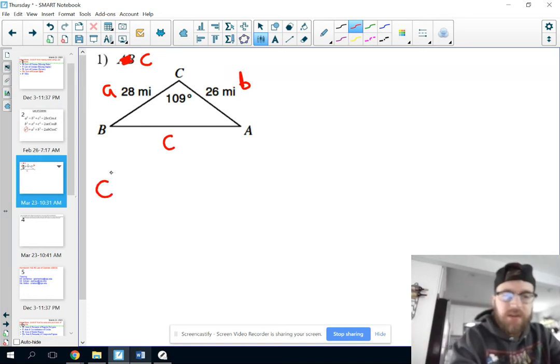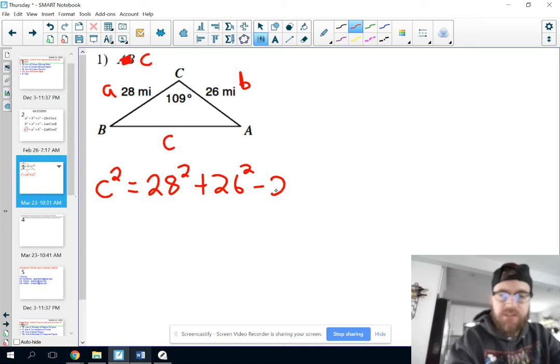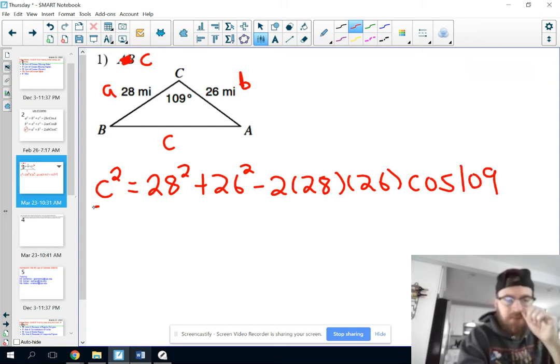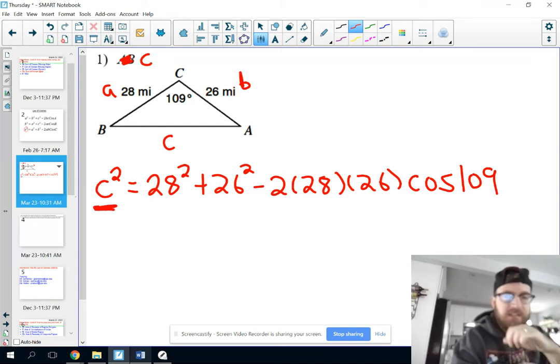So c squared, little c squared, equals little a squared plus little b squared minus 2 times little a times little b times the cosine of big C, or angle C, 109. Notice our variable is pretty much already isolated except for that exponent, which we'll get rid of in a second.